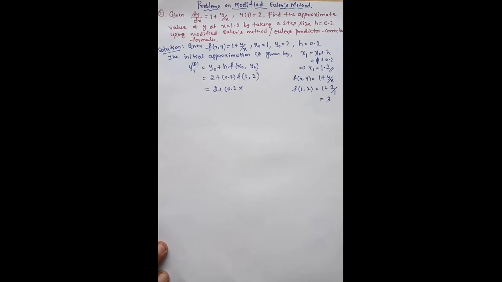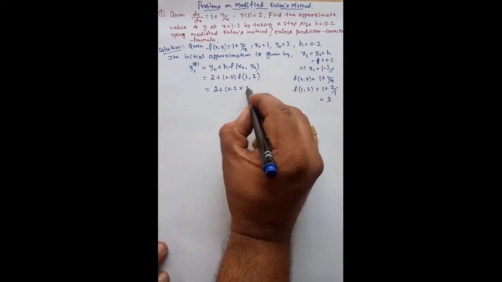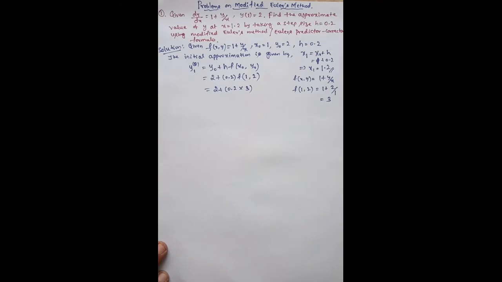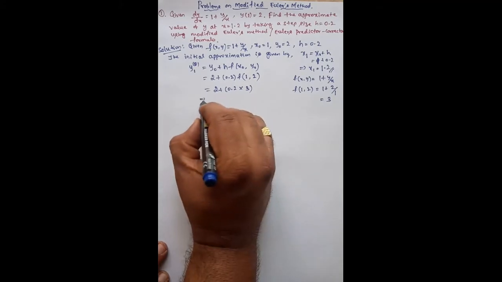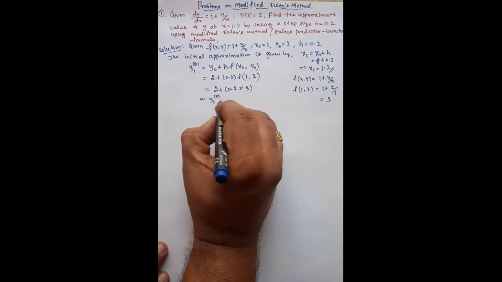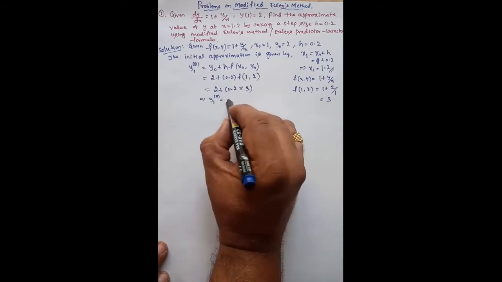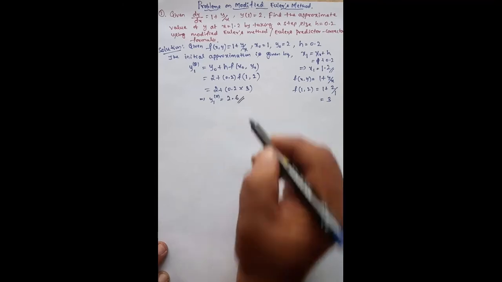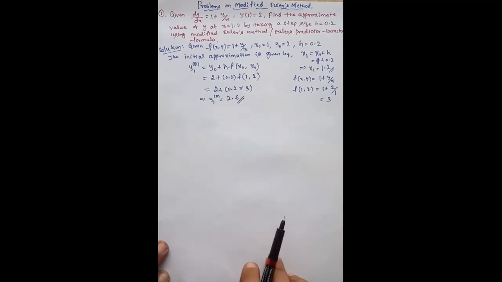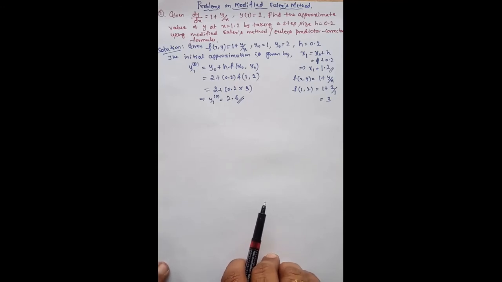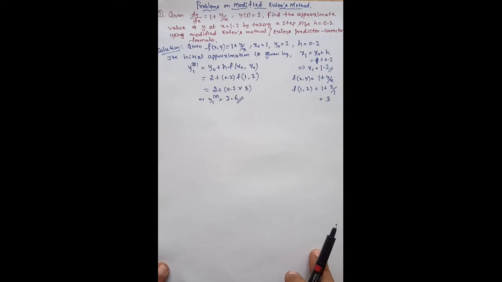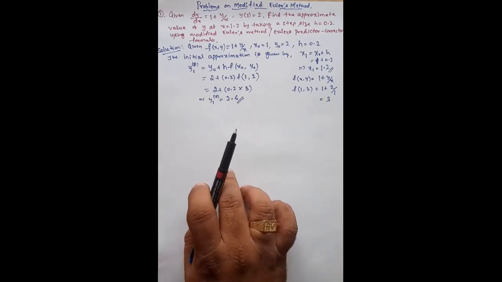Substituting, it is 0.2 into 3, which is 0.6. Therefore y1 power 0 equals 0.6 plus 2, which is 2.6. So this is the initial approximation for this problem, also called the predictor value. This is how we calculate the initial approximation using Euler's formula.